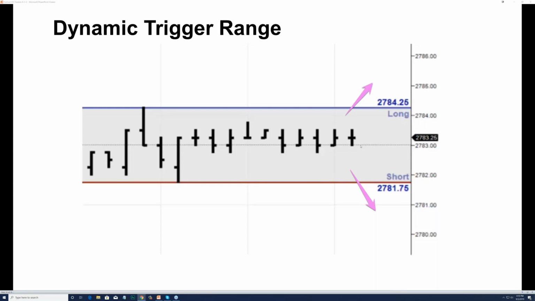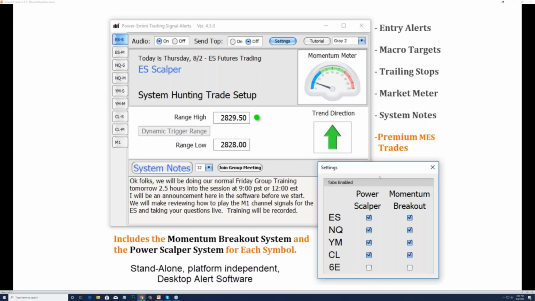Now, over the years, I have developed an entire piece of software and a back-end automated system that sends out these dynamic trigger ranges for all of the different symbols. We're 5 years into this now, and so we've got quite a sophisticated system. You get entry alerts, you get macro targets, trailing stops.